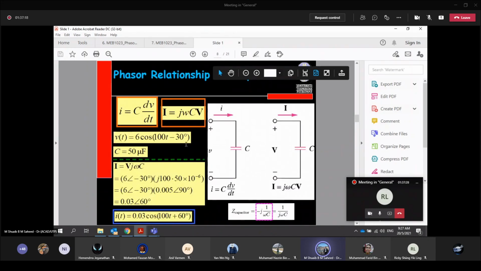Next, for capacitor. Another example, similar case, they have given you the Vt and the capacitance. Now you have to find the current. So it will be V equals I multiply XC.